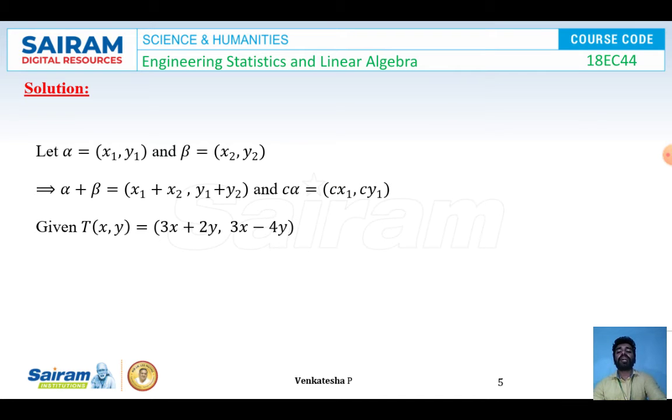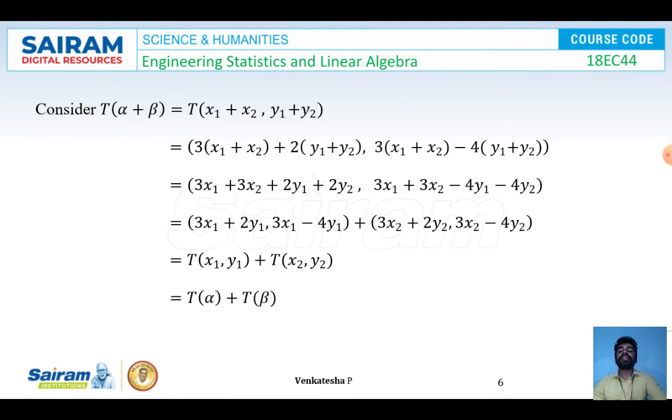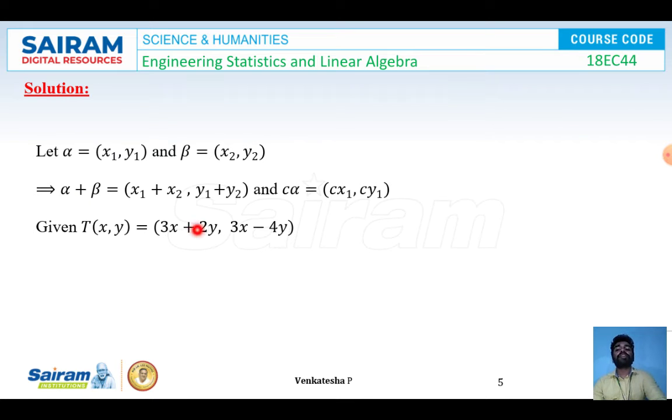Now they have given that T of x comma y is equal to 3x plus 2y comma 3x minus 4y. Now I am going to consider the first part, that is T of alpha plus beta. So T of alpha plus beta is given by T of x1 plus x2 comma y1 plus y2. Now I am going to represent this in the given form, that is 3x plus 2y comma 3x minus 4y.